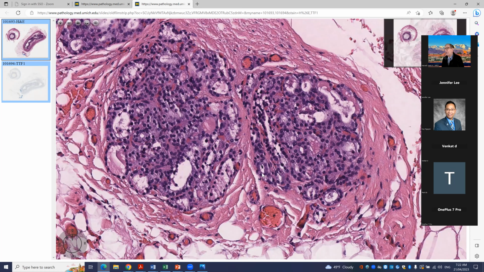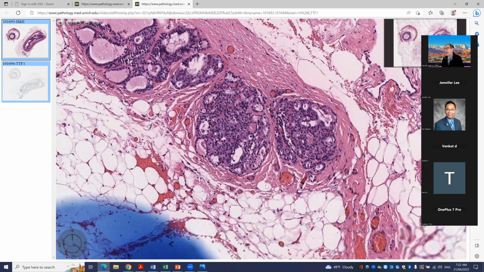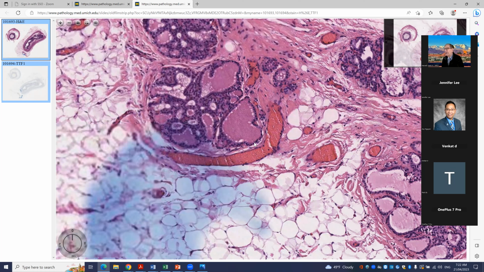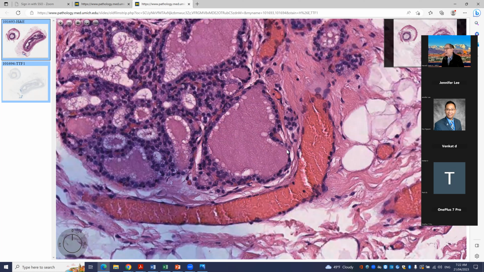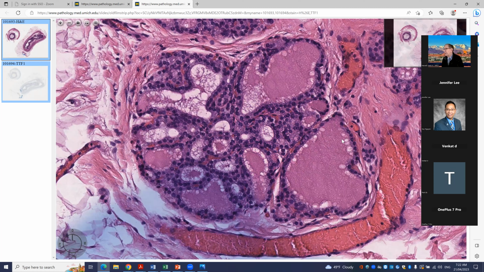The other thought here is that, if you just took a high magnification view of this, particularly this area over here, and I told you we were in the neck, you'd probably say, oh, this is just ectopic thyroid tissue or extrathyroidal thyroid tissue. You've got the scalloping of some of the pink secretion, the colloid-like stuff here.